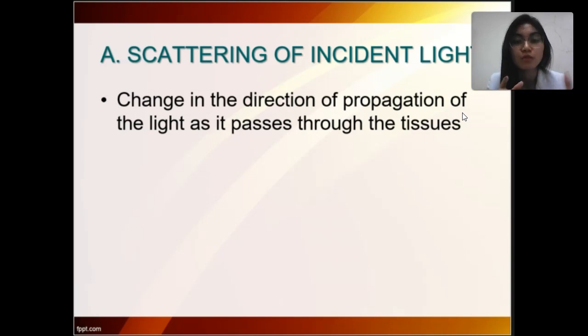Once it passes through the tissues, it widens underneath, and there is a rapid loss of coherence. So it spreads inside.